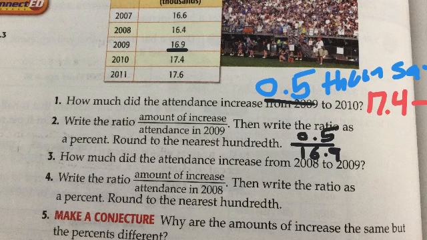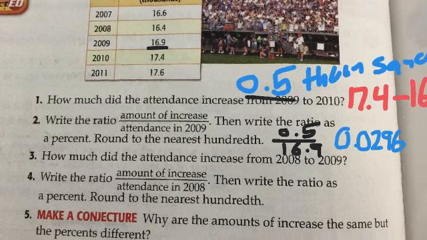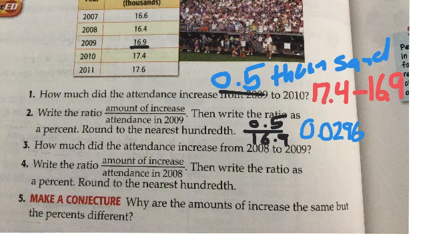That's going to give me 0.0296 if I round when I divide those. So that is it written as a decimal. Does anybody remember how we go from a decimal to a percentage? We move the decimal 2 places to the right, and this becomes 2.96%.